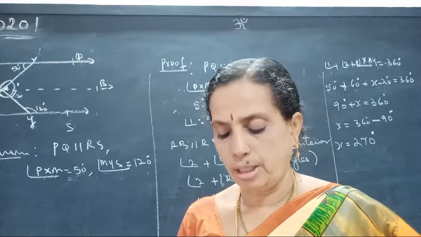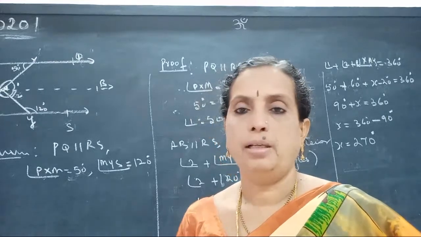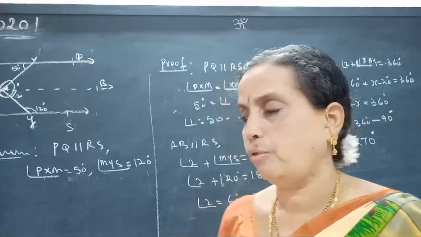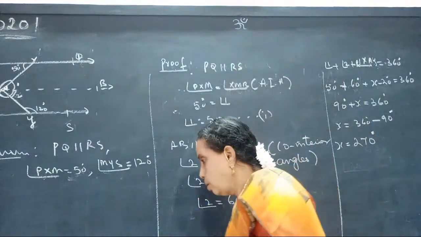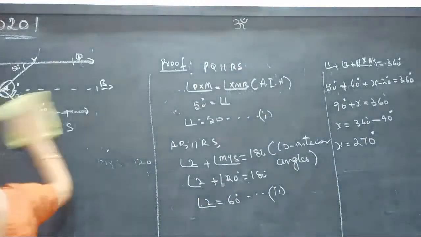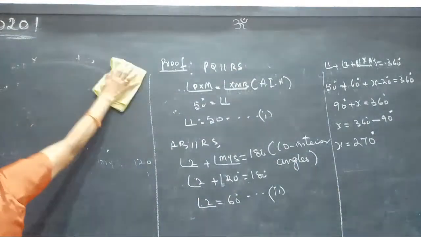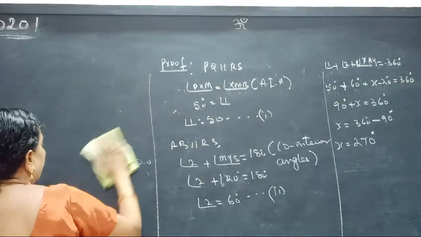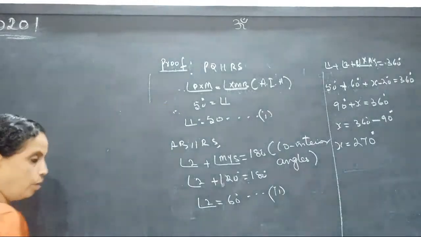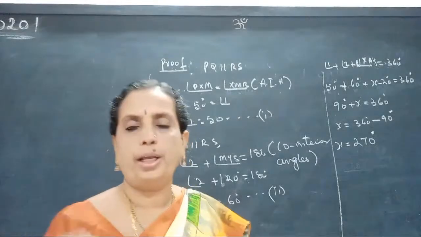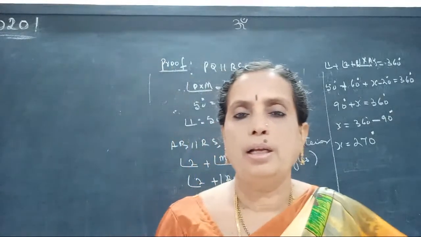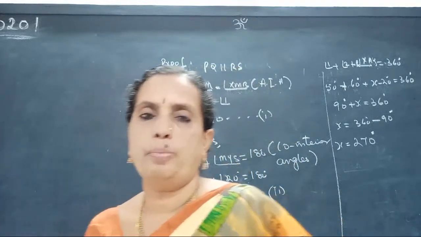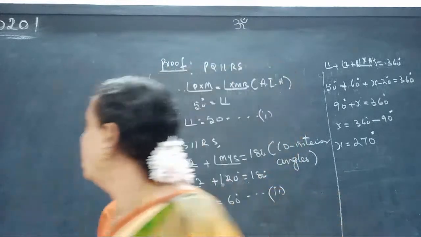I cannot give descriptive questions at present. If time permits, I will start giving descriptive type questions also. Even for MCQ questions you have to work out and then give the answer. Don't guess randomly and put A or B or C. Unless you do the calculation, you cannot get the appropriate answer.